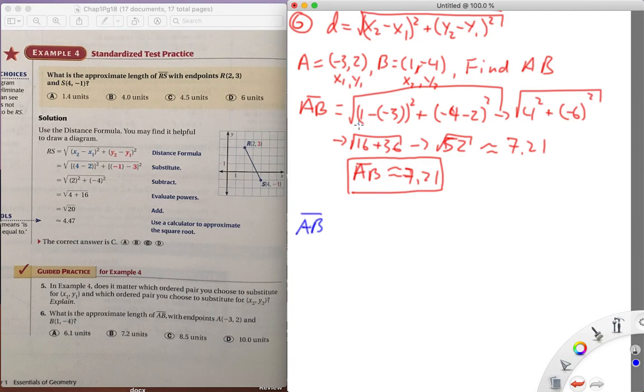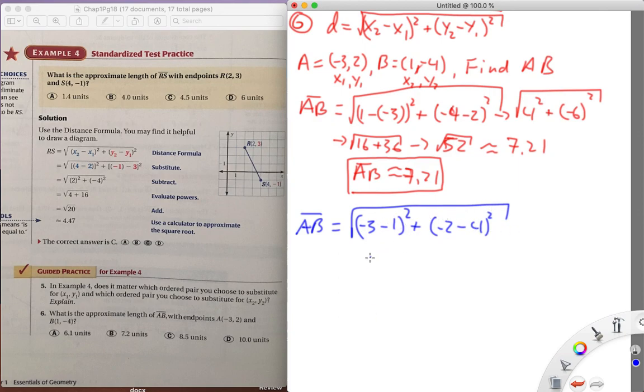So instead of it being 1 minus negative 3, I'm going to have negative 3 minus 1. Instead of negative 4 minus 2, I'm going to have 2 minus negative 4. So I switch my x1s and y1s and my x2s and y2s.